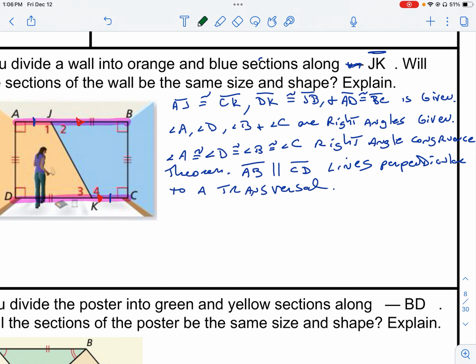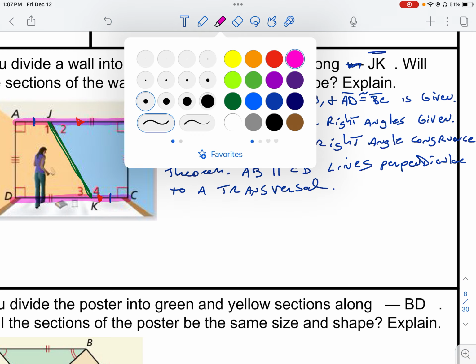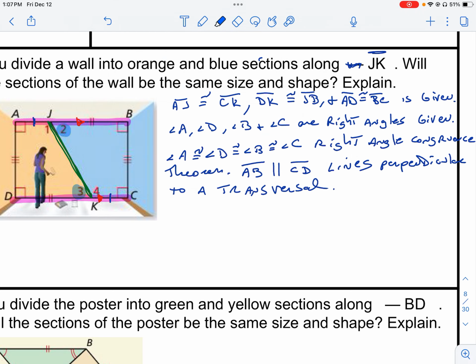All right. Well, we also have JK here going through the center-ish of these lines. And we know we have parallel lines and we have a transversal in JK. So when we have parallel lines cut by a transversal, we immediately start looking to see if we have corresponding angles, alternate interior, alternate exterior angles, or consecutive interior angles. And here we actually know that we have alternate interior angles.